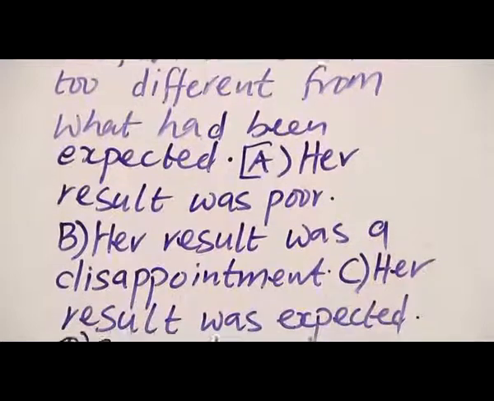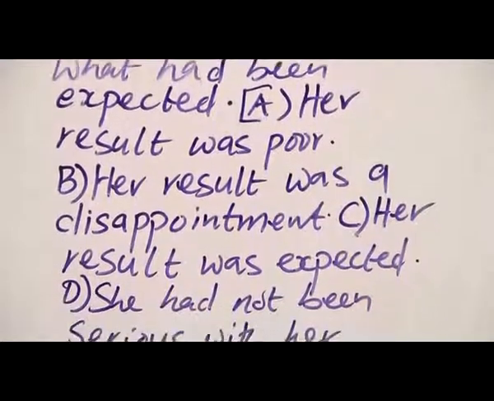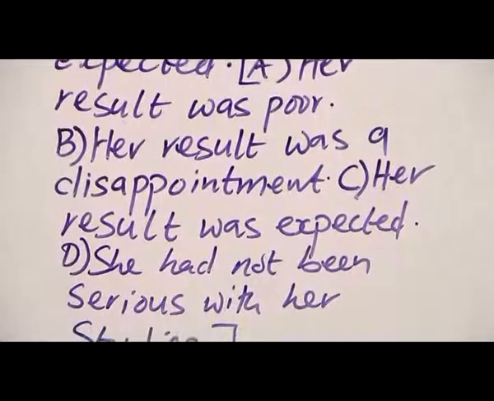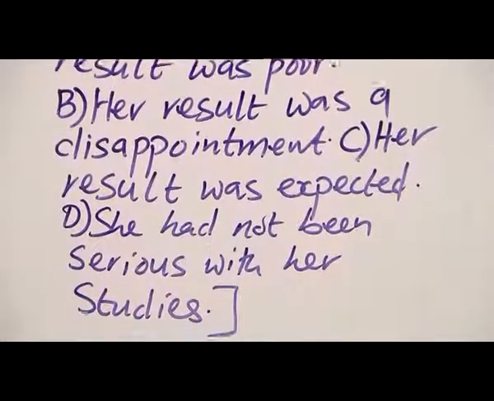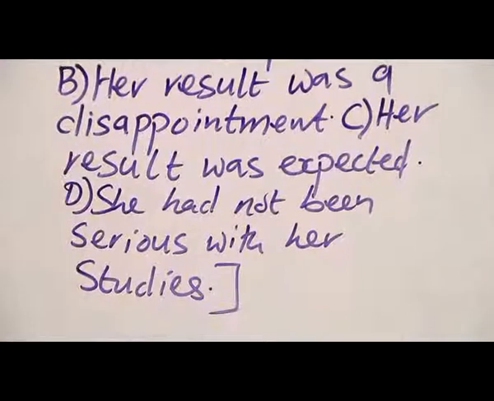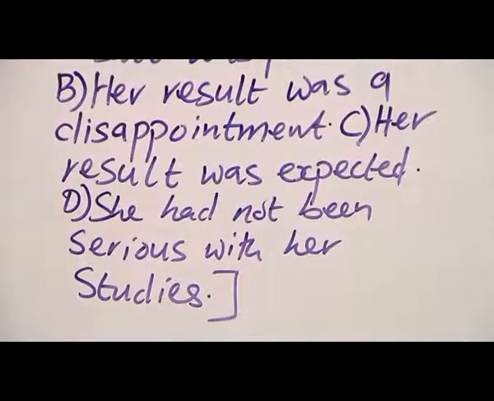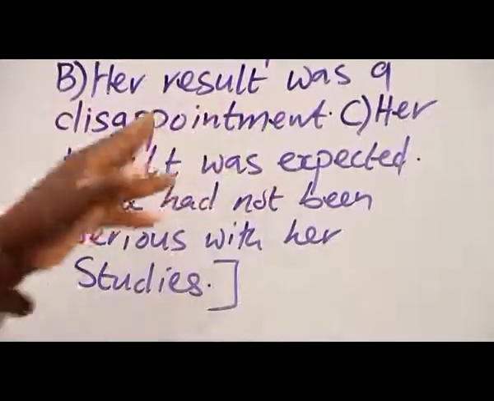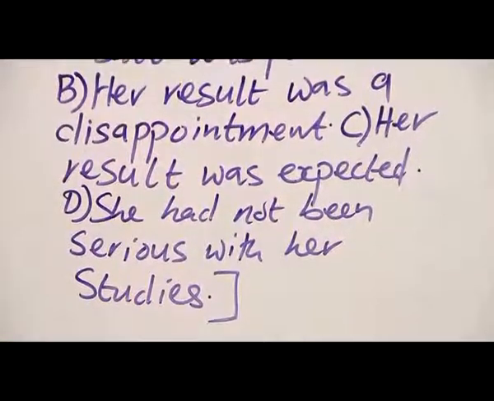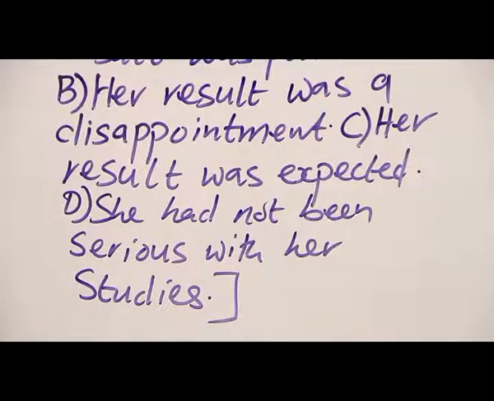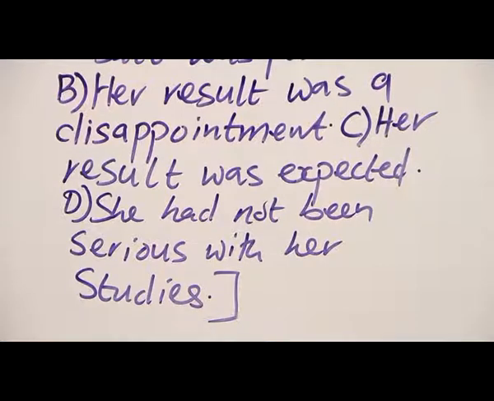B, her result was a disappointment. For this point of B, we could have excluded A on that basis. Now, because her result was a disappointment, it means that it was poor. A good result won't be a disappointment. When a result is a disappointment, it means you expected the person to do well and the person didn't do well. Of course, it may not actually mean that it is poor, maybe poor by your estimate.